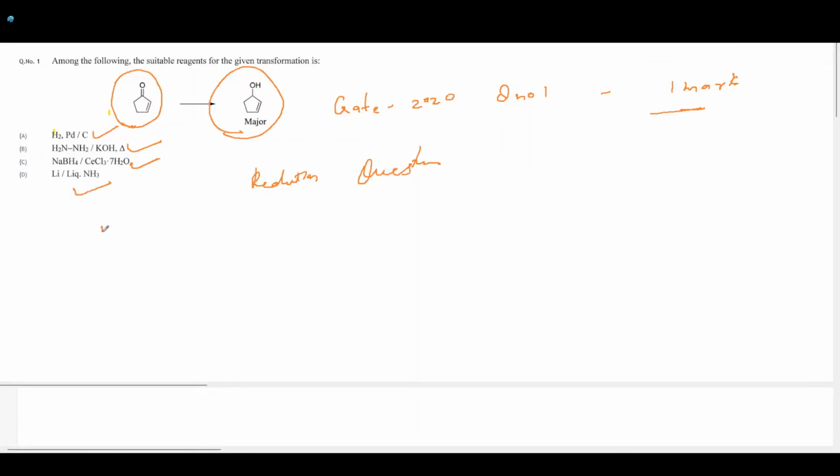When we use the first reagent, hydrogen in the presence of palladium and charcoal, it will reduce the double bond. So your product will be somewhat like this, right? The next one is hydrazine in the presence of alcoholic potassium hydroxide, which is basically a Wolff-Kishner reduction.